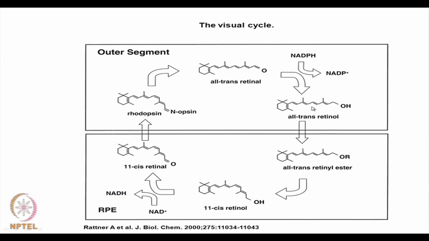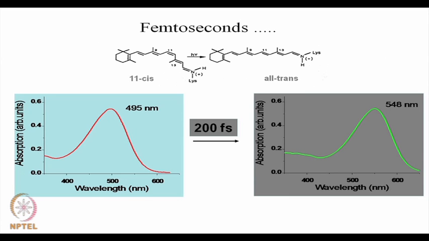Next, another thing is the photochemistry of vision. Okay. So, it is basically retinal. So, 11-cis to all-trans retinal. Okay. So, what is happening is that if you shine radiation of, say, h nu, then there is a rotation about this bond.